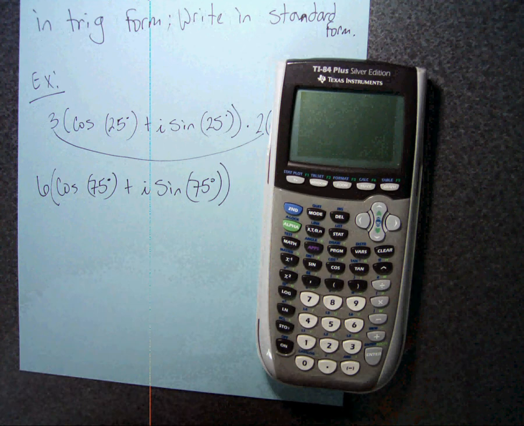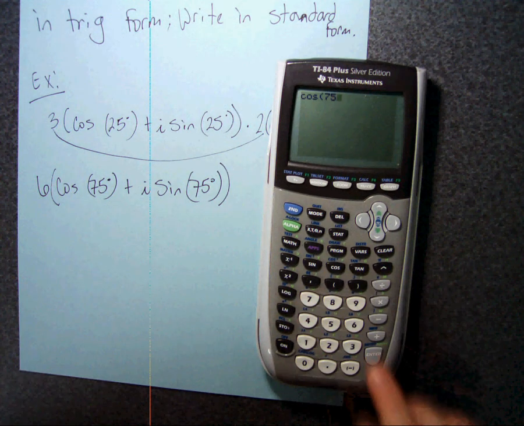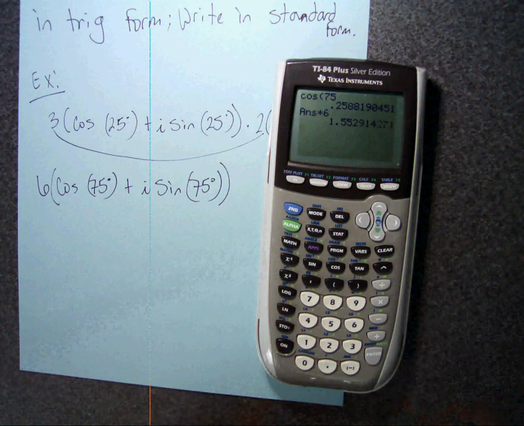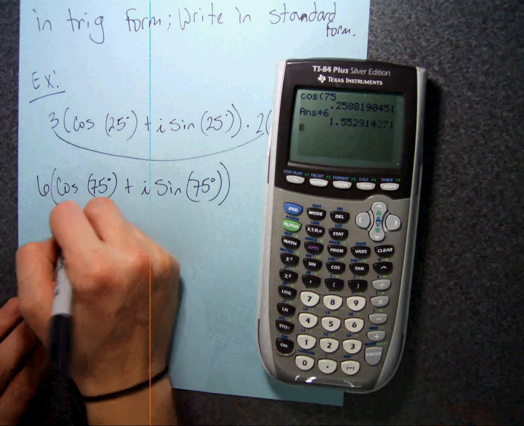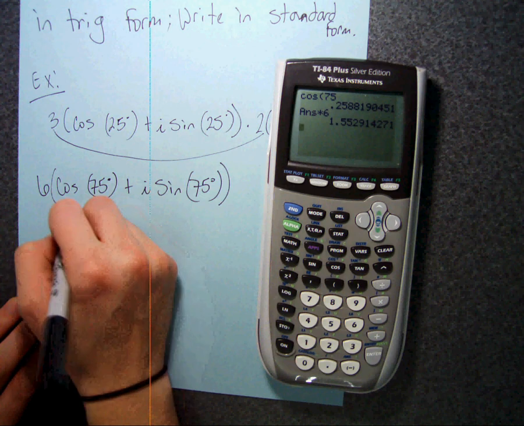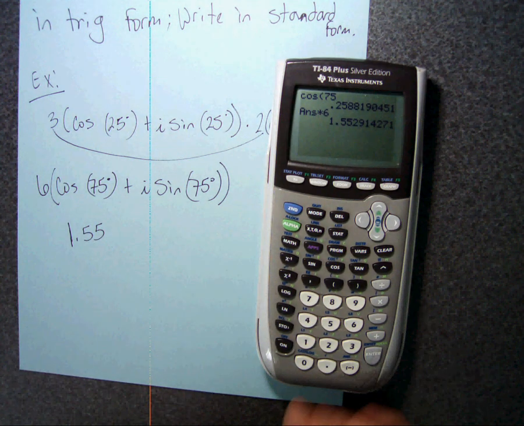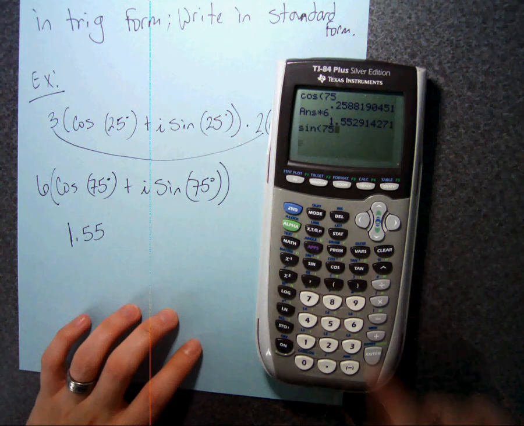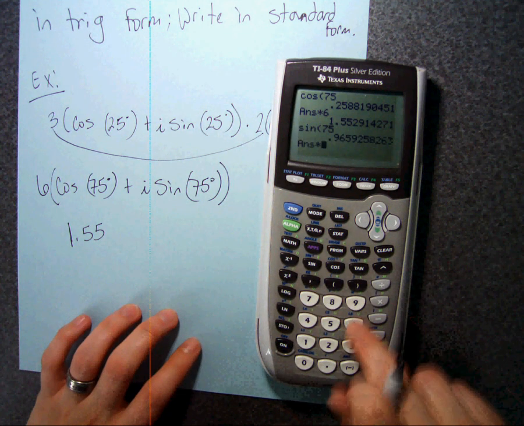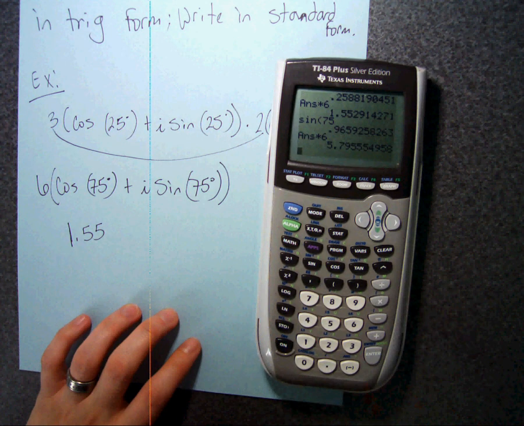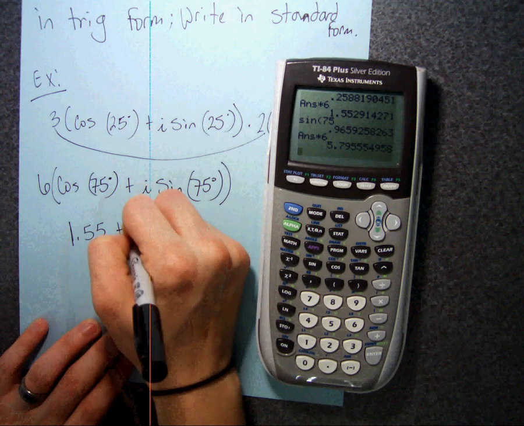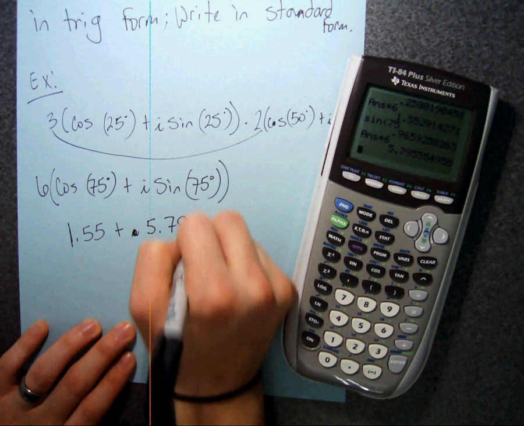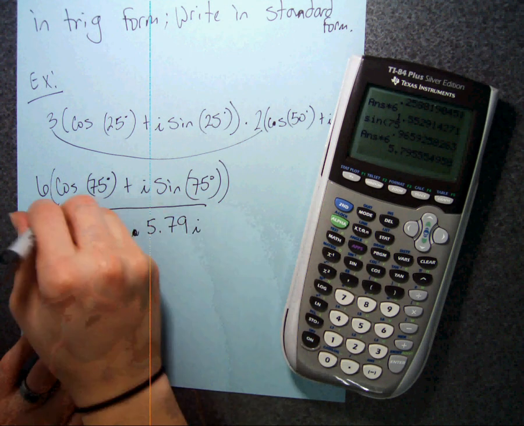This gives me my real part, so I have 1.55 or 1.6, whatever we're rounding to. And same thing with sine. I need to figure out what sine of 75 is and multiply that times my new r value. And I get plus 5.79 I. So there are my complex numbers in trigonometric form, multiplied together, and converted back to standard form.